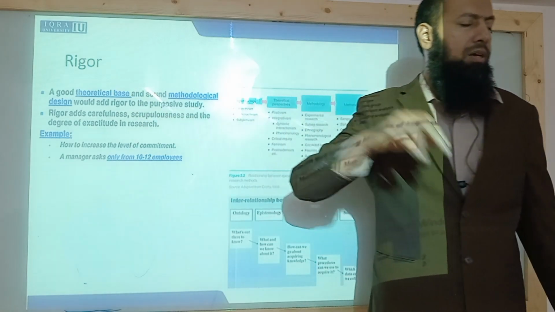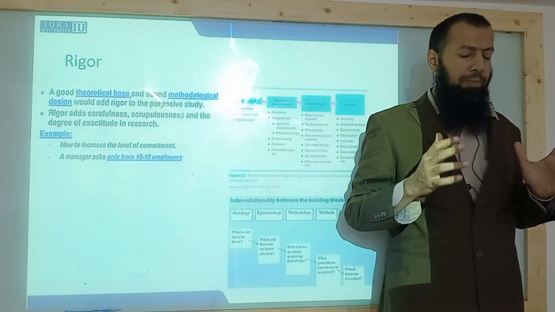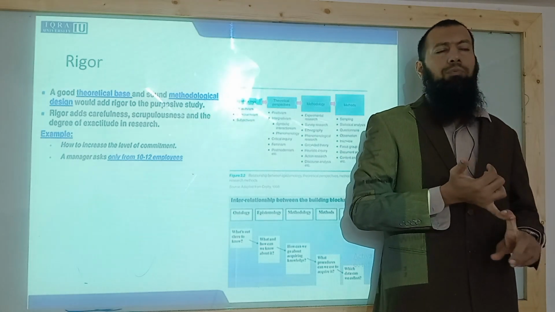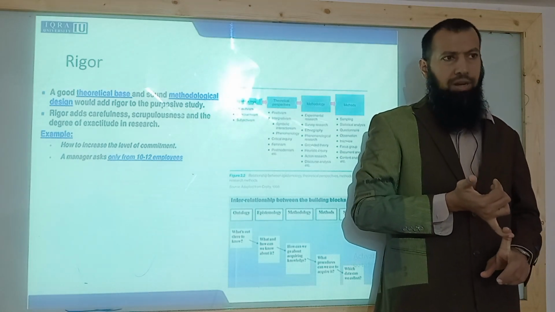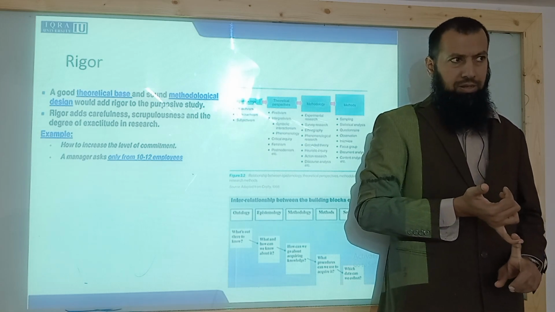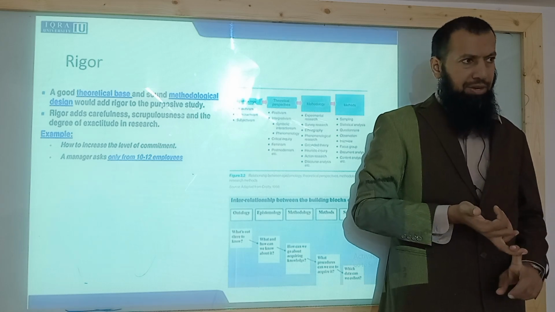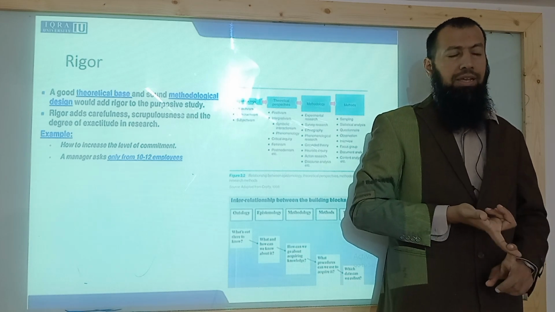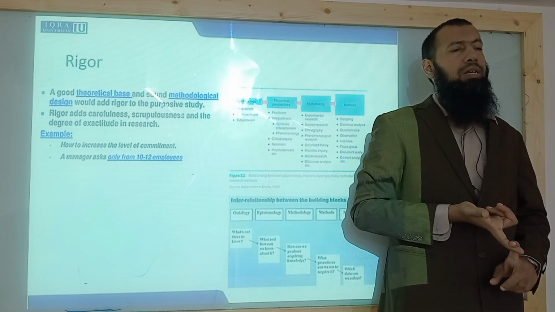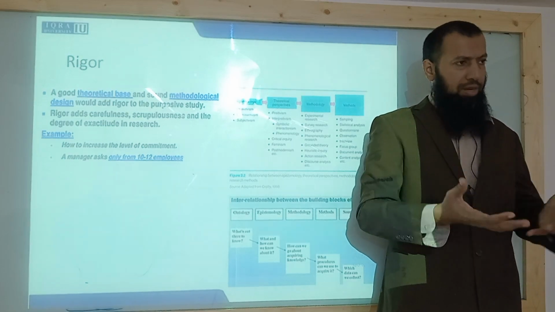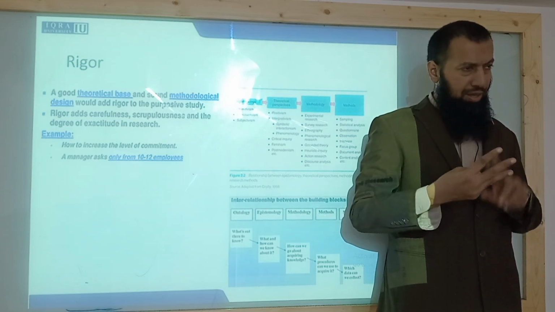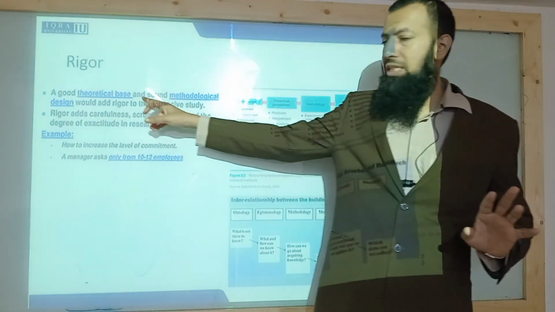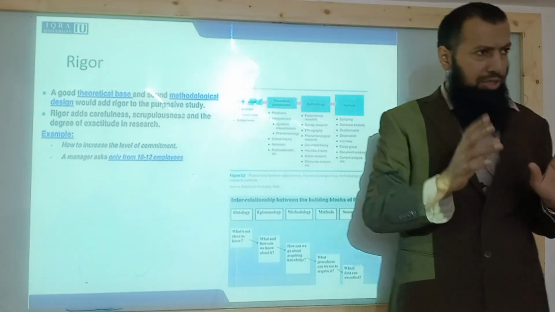Theoretical base, I want to elaborate a little bit for you. For example, there's the theory of planned behavior. The theory of planned behavior says that any consumer may intend to buy a product, ठीक है, when he has an attitude, he has a perceived control on his actions, and he also has social norm. Social norm is also affecting him. So when these three things are there, then only intention to buy a product would be there. So this is the example of theoretical base. There is a theory, there is a concept behind it.